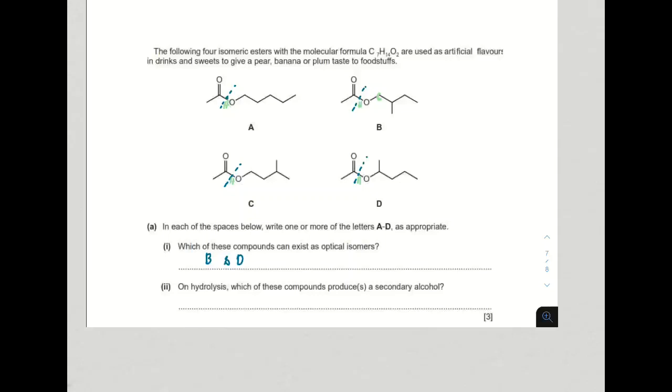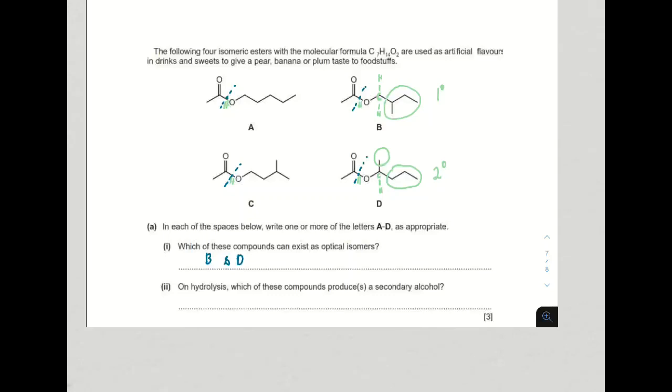The carbon attached to OH here has H here, and then there's H here, so this is going to be 1 R group. So this is going to be a primary alcohol. If you look at the carbon here, this is going to be CH3, 1 R group, another R group, and this is going to be H. So this is going to be a secondary alcohol.